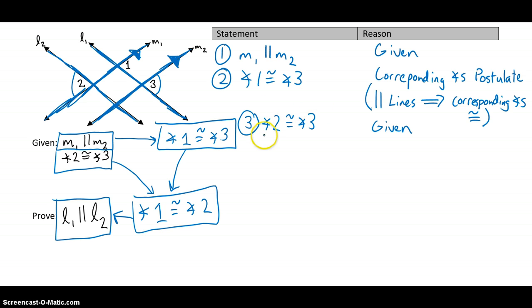That means I can take this statement and plug it in right here and conclude that angle 1 is congruent to angle 2. Realize the reason this is true is not because they're alternate exterior. The reason is that I'm substituting step 3 into step 2. I could also call this the transitive property.